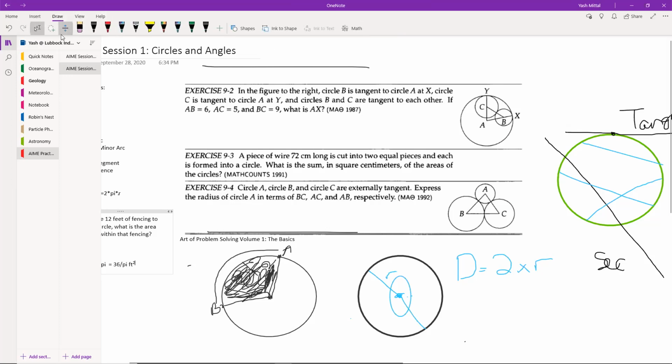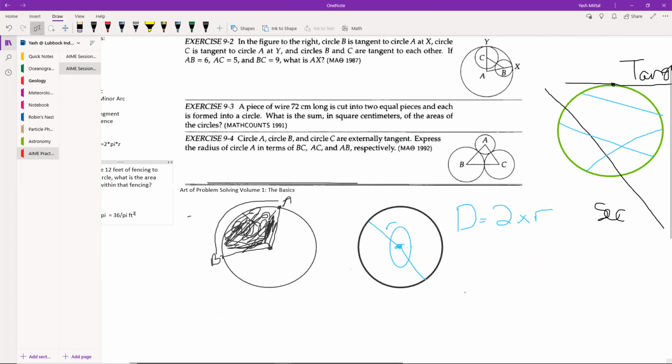So it must be cut into 72 divided by 2, which means we have 2 circles of 36 centimeters, and each of them is formed into a circle.